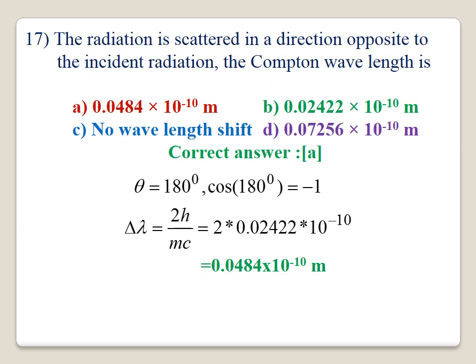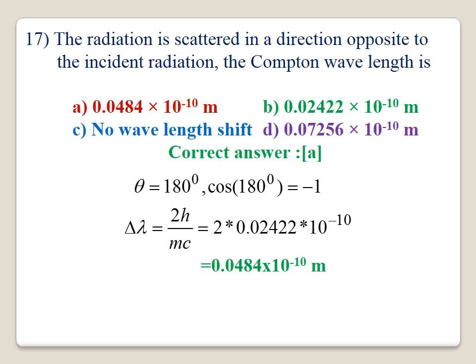17. The radiation is scattered in a direction opposite to the incident radiation. The Compton wavelength is. Here theta is 180. Opposite direction of incident radiation means theta is 180. The cos 180 will be equal to minus 1. Therefore, delta lambda equal to 2h by mc.